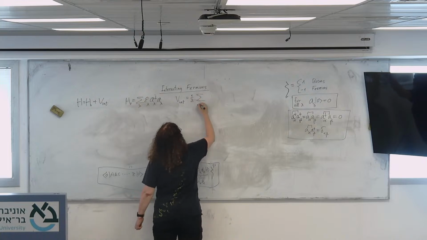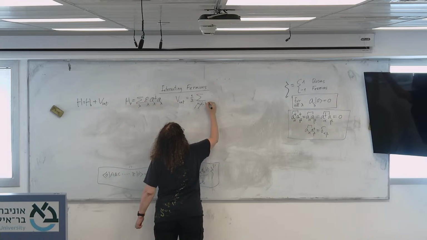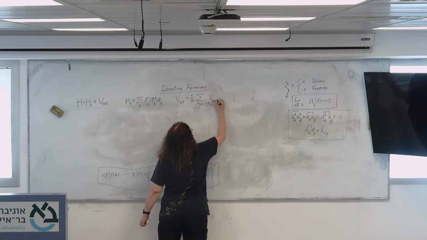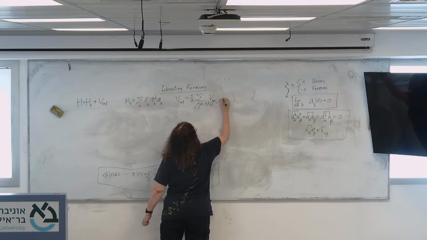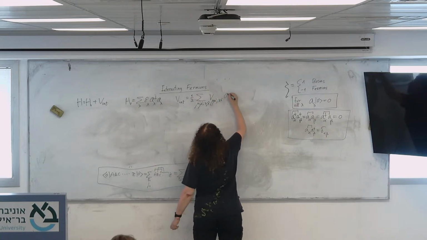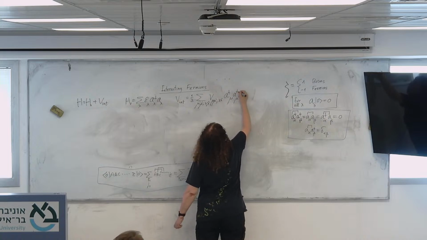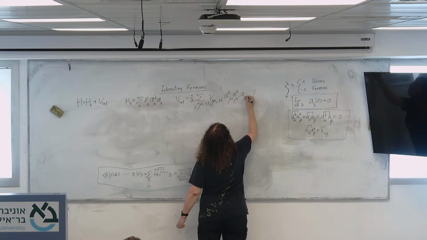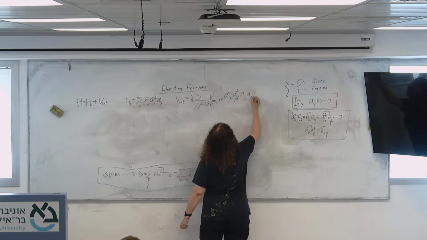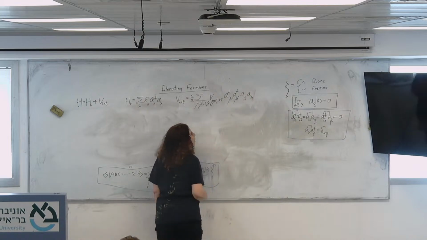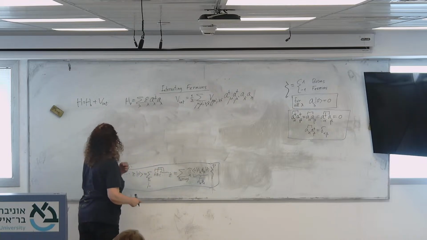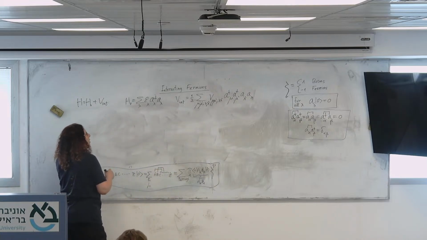I erased it, but let me write again: sum over lambda, lambda prime, mu, mu prime of V mu, mu prime, lambda, lambda prime, A dagger mu, A dagger mu prime, A lambda prime, A lambda. Okay, the convention I keep all the time is the same order of indices.